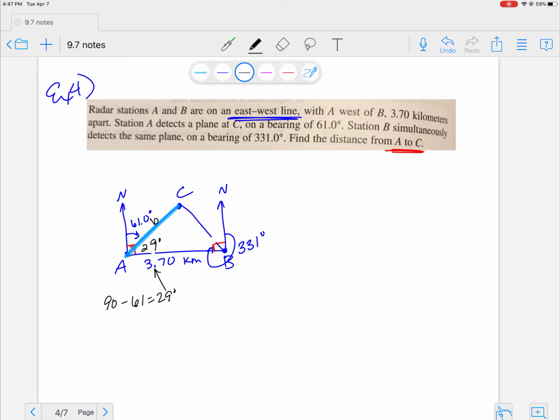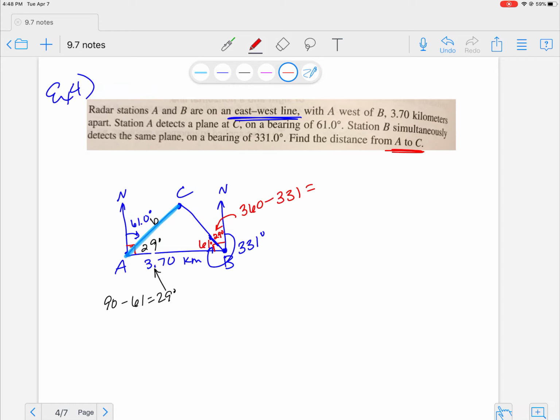All right, now here's my next thing. What is this angle measurement? If this is going all the way up to 331 degrees, then what is this missing angle measurement in here? Yes, 360 minus that 331, and that's how I get that value. So what would that give me?